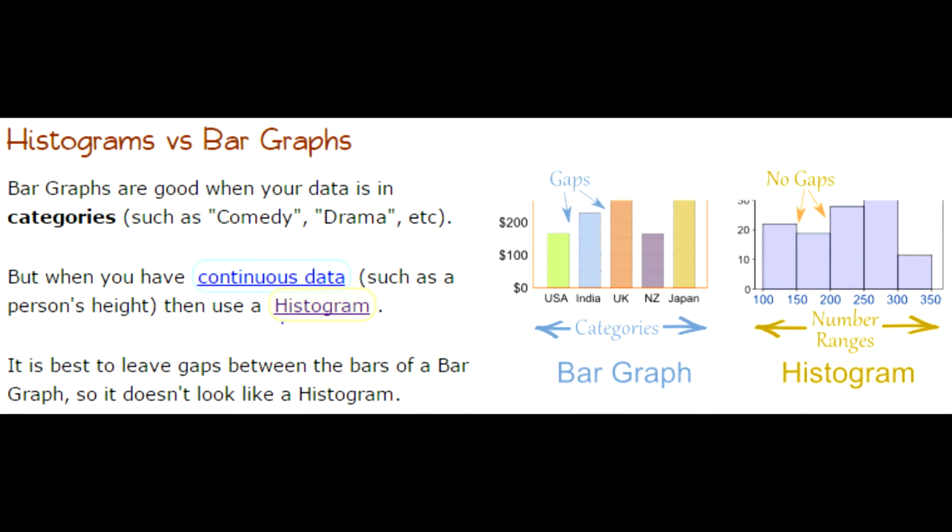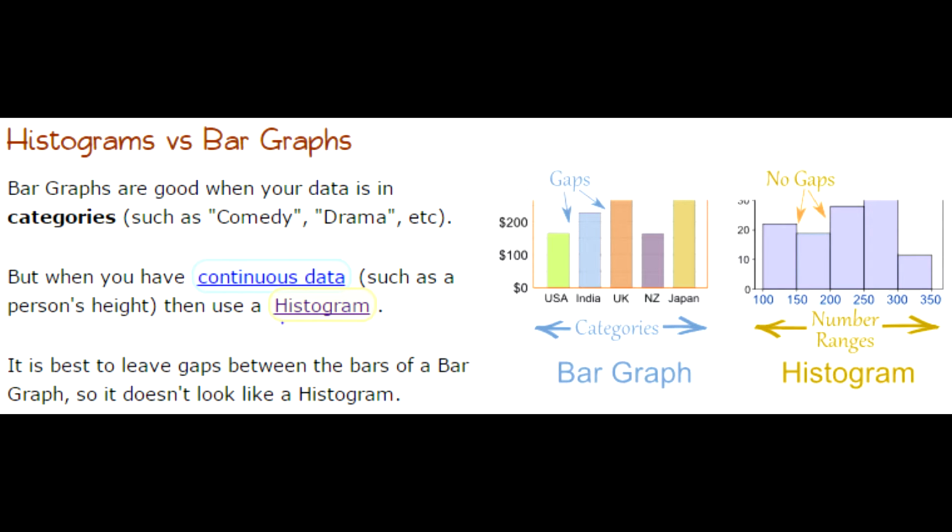A bar chart is a graphical device that depicts qualitative data. On the other hand, a histogram is a graphical representation of the distribution of numerical data, which is an estimate of the probability distribution of a continuous, quantitative variable.